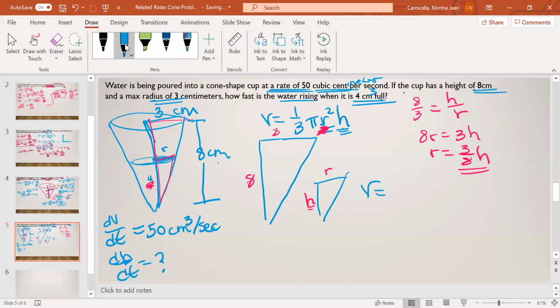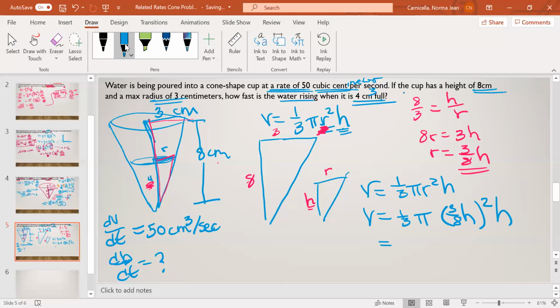The volume is equal to 1/3 pi r squared h. So the volume is equal to 1/3 pi times 3/8 h squared times h.